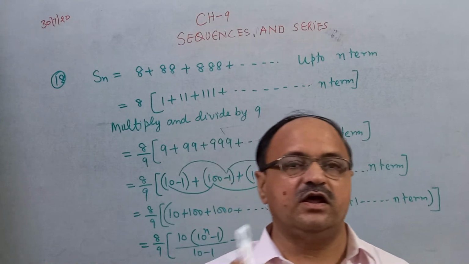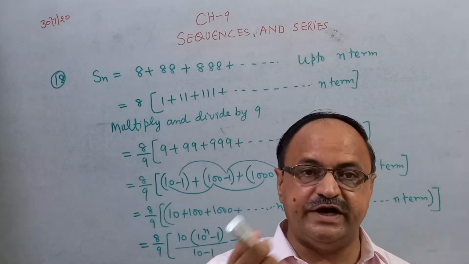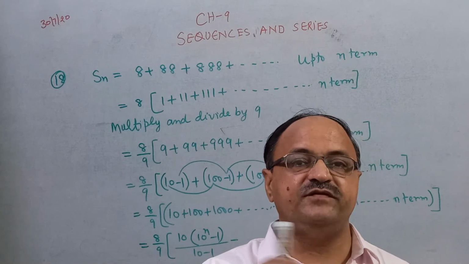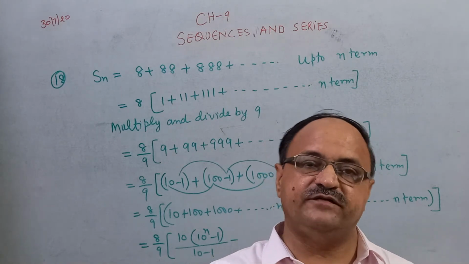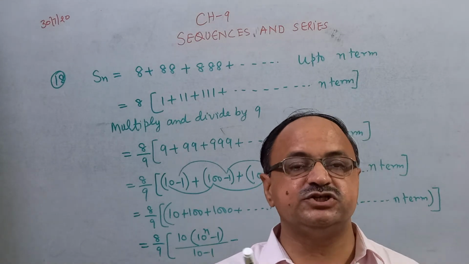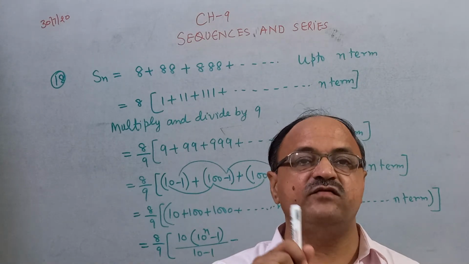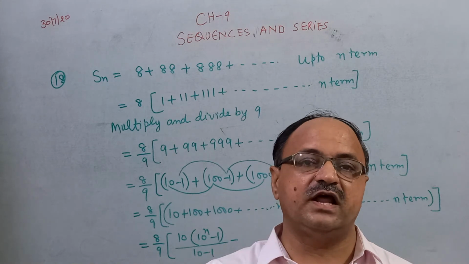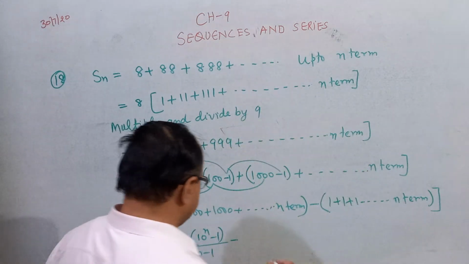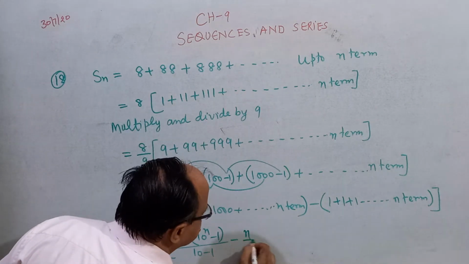For example, when you add 2 four times, that is 8. When you add 2 five times, it is 10. Similarly, when you add 2 n times, it is 2n. Similarly, when you add 1 plus 1 plus 1 n times, the result is n.